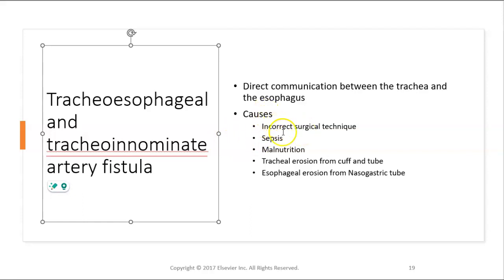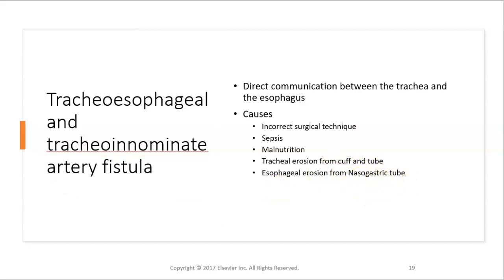Typically this is caused by things like incorrect surgical techniques, sepsis, so infection at the site, malnutrition, which causes difficulty with wound healing, and tracheal erosion from the cuff and the tube. Again, the tip of the tube, if it's rubbing on the tracheal wall, can cause a fistula. Esophageal erosion can also happen, so the fistula can start on the esophageal side from an NG tube as well.